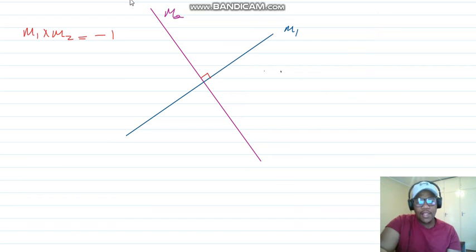Okay, one last principle when it comes to gradients. Maybe there are quite a few more. If you have a particular line, I'll call these collinear points. This is the same line.